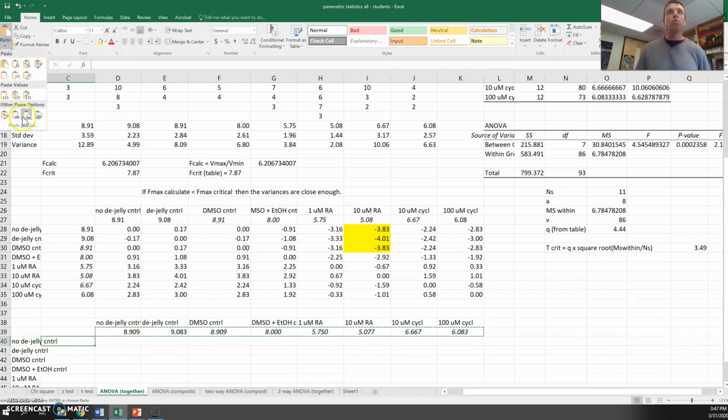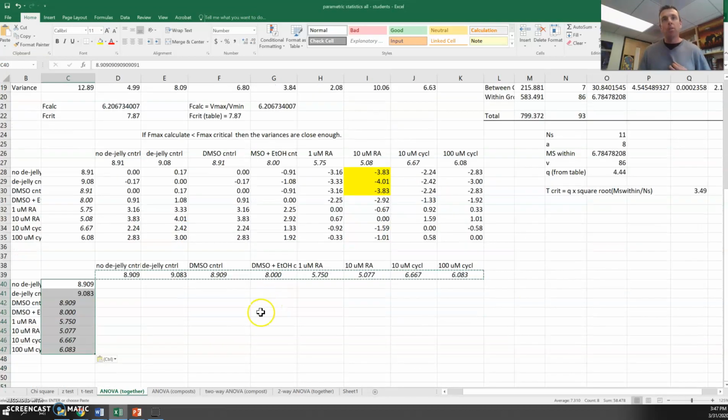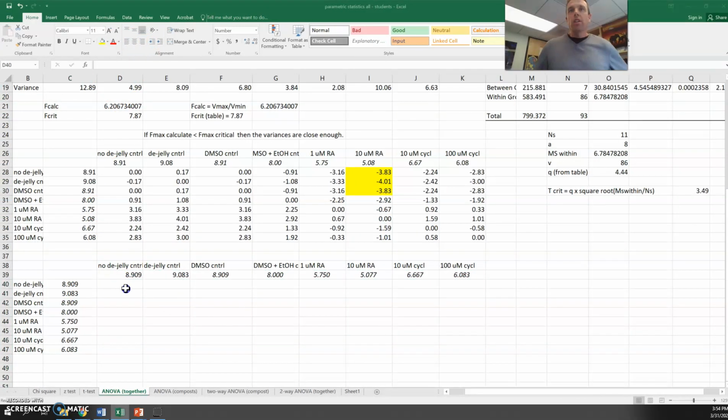So I'm going to go to paste special, transpose again, and boom, there's my data. Now, in order to compare all of these, I could simply go equals that minus that. That's the comparison of those two cells, and that's obviously going to be 0 because here I'm just comparing no D-jelly to no D-jelly. It's the same group, so there's not going to be a difference.